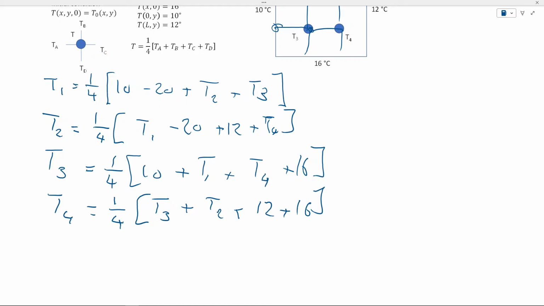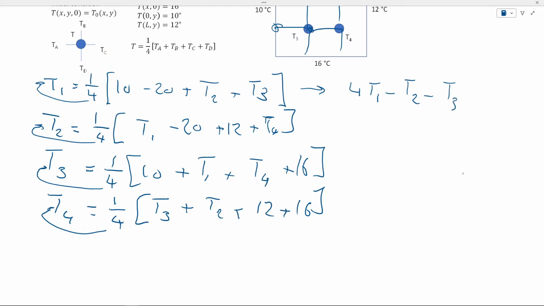Yes, I can. One way is to multiply this by 4, this by 4, this by 4, and this by 4. If I do this, I can simplify this equation as 4T1 minus T2 minus T3, bringing this to the other side. And what's T4? I will just keep it as 0, because there is no T4, equal to 10.